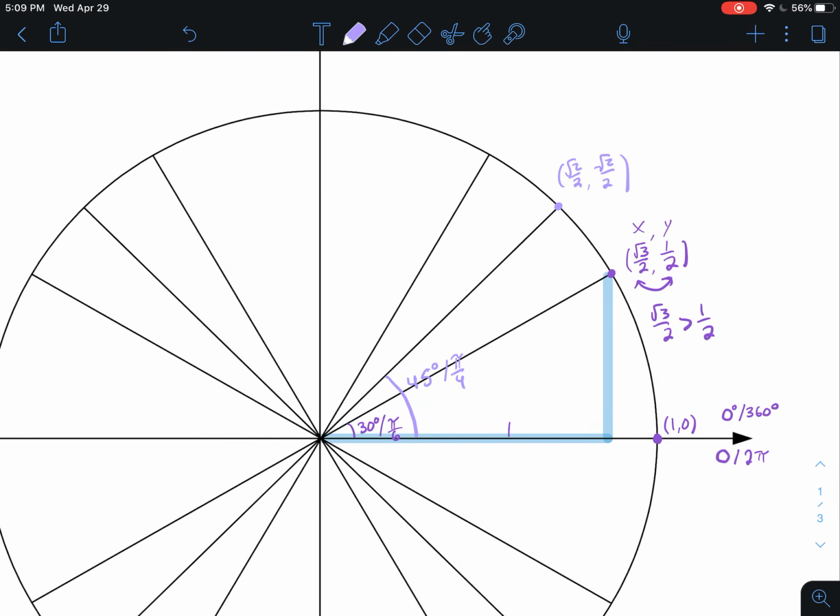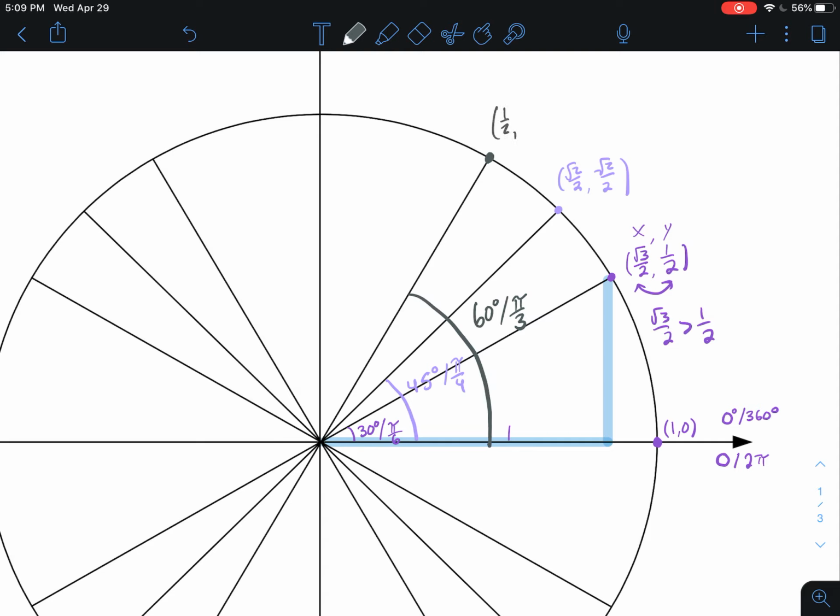The next angle measure that we get to right here is our 60-degree angle. The 60-degree angle is also referred to as pi over 3. So the 60-degree angle is going to be (1/2, radical 3 over 2). The nice part is our 30-degree angles and our 60-degree angles are related, just the x and the y's switch places.